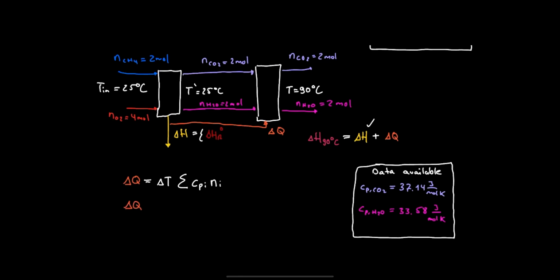Delta Q is going to be used for heating up our products, hence delta T times Cp of CO2 times nCO2 plus Cp of H2O times nH2O.